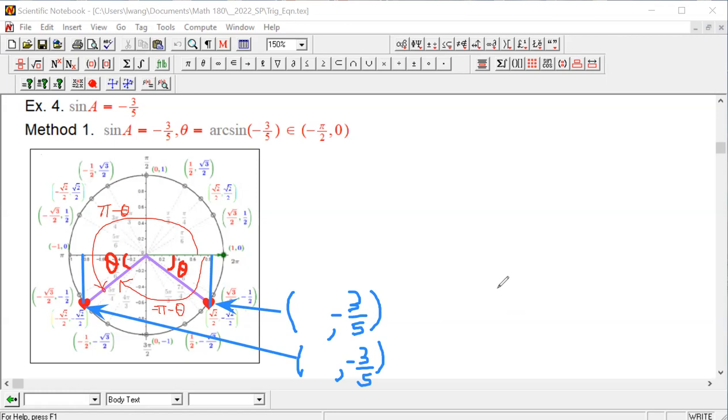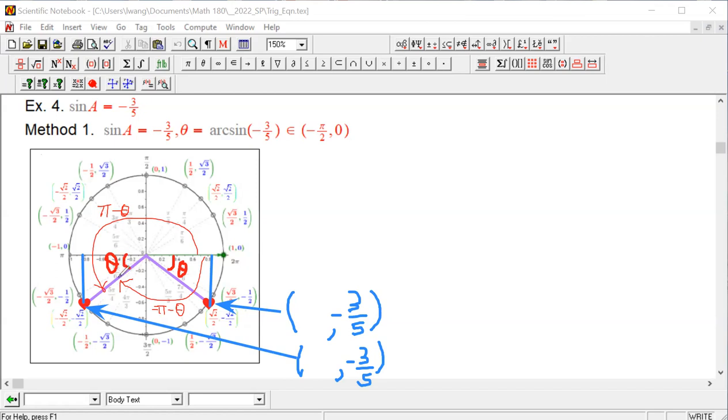Think about it. I'm being very careful here. Why negative pi? Because I'm measuring clockwise. Negative pi, and then I'm coming here, so I need to come back. I need to subtract that angle, but that angle itself is negative, so I need to add this angle.